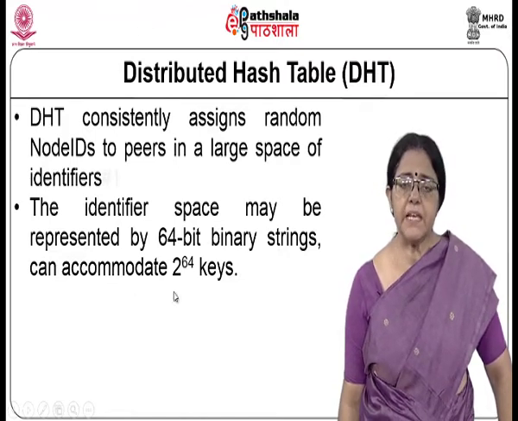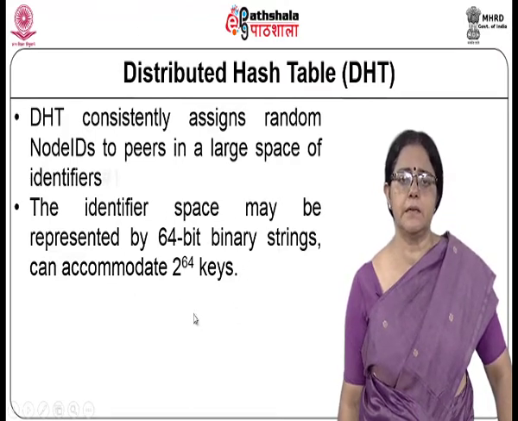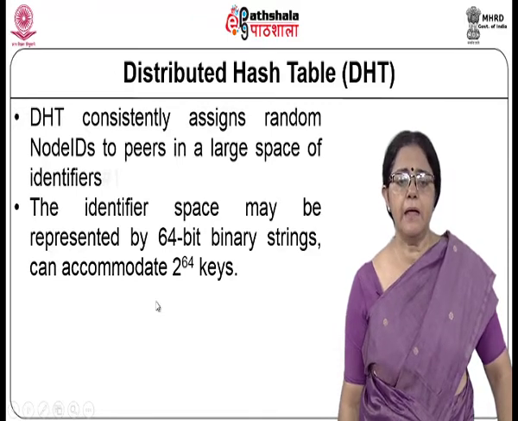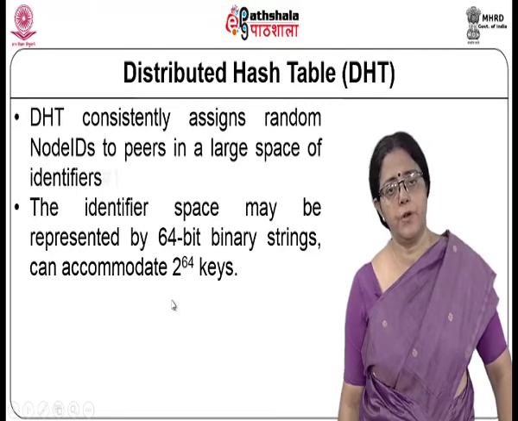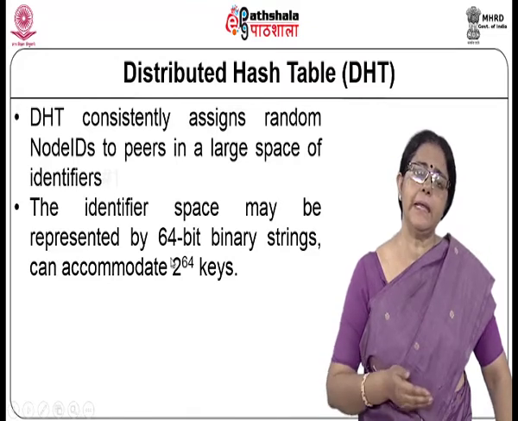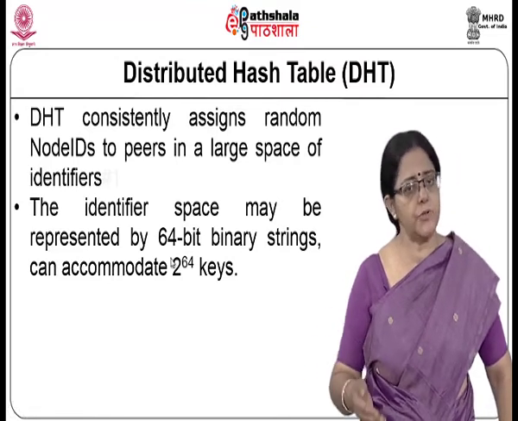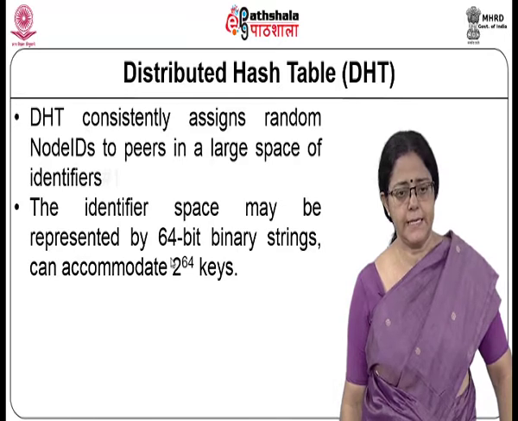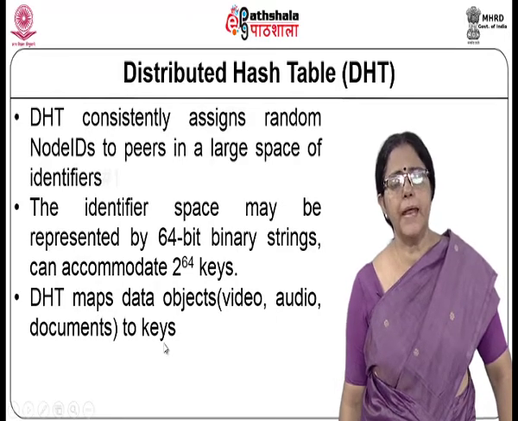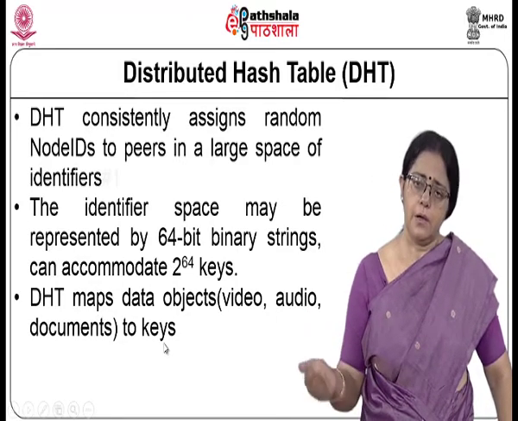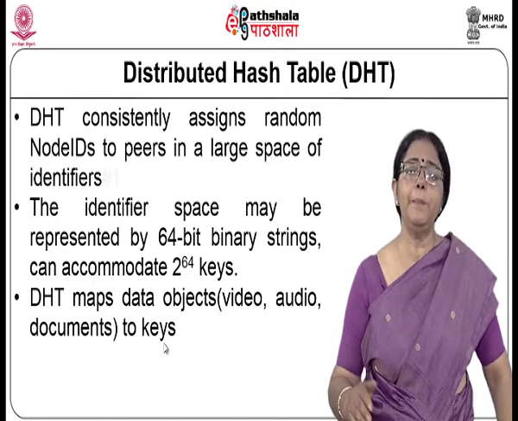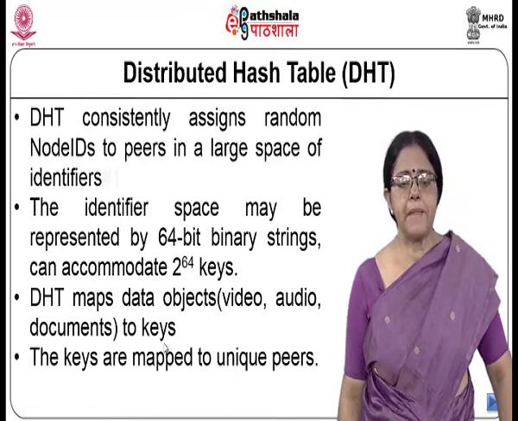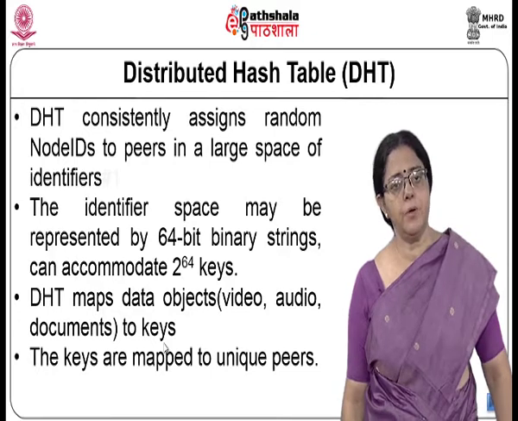If there is a 64-bit string, then we can have 2 to the power 64 keys. Similarly, if I increase the number of bits in the string, my key space increases. So, any file, video, audio, document, or any file will be mapped to a key, and the keys will be mapped to a unique peer.